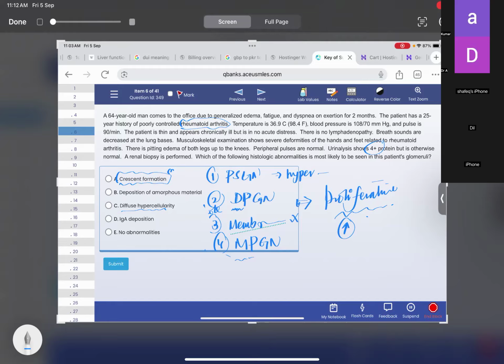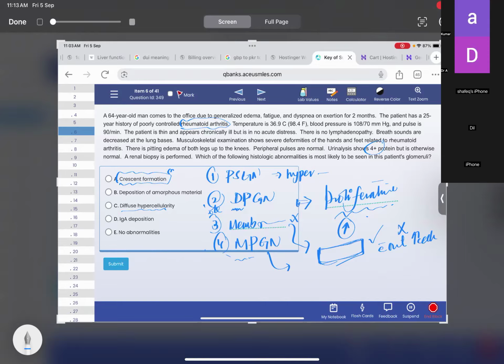So why did I write membranous versus this? If the basement membrane thickness is increased, we call it membranous, without proliferation or hypercellularity. When no hypercellularity and just the basement membrane thickness is increased, we call it membranous.